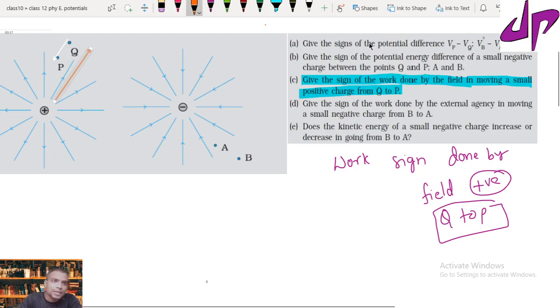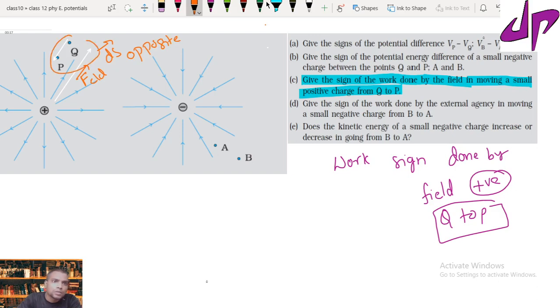Now the electric force due to the field and the displacement, they both are opposite.